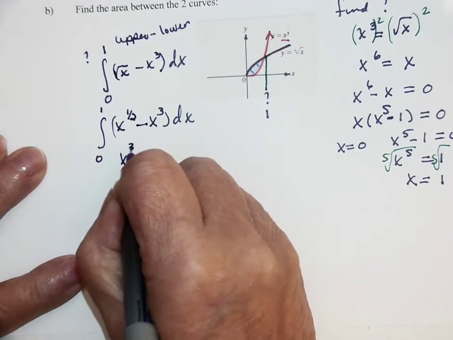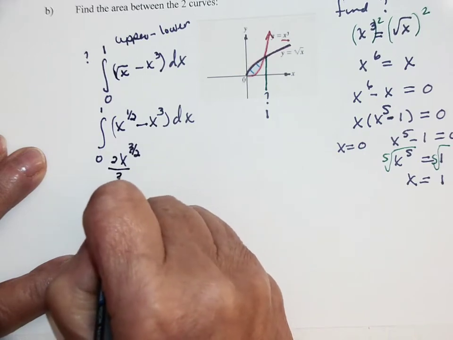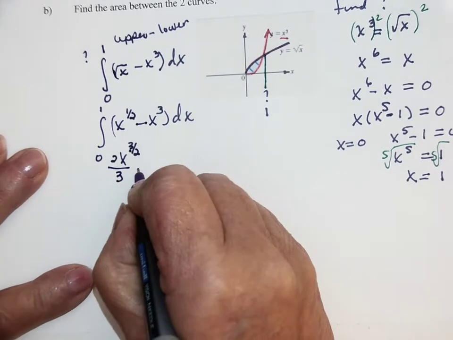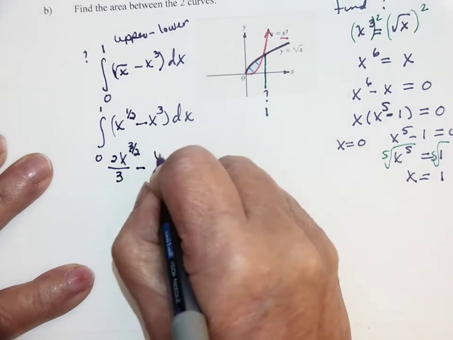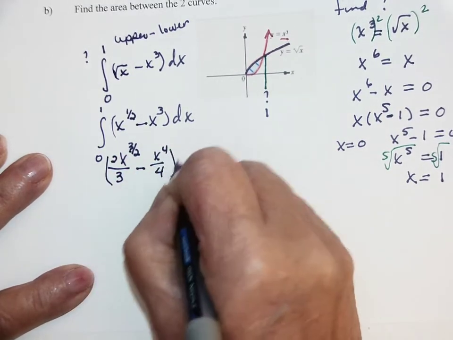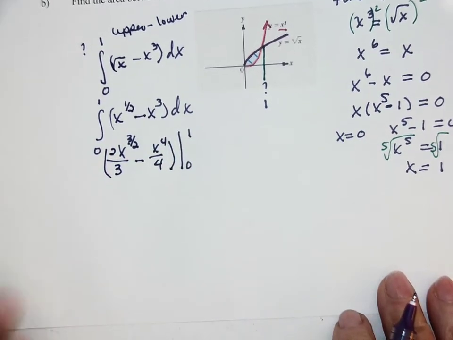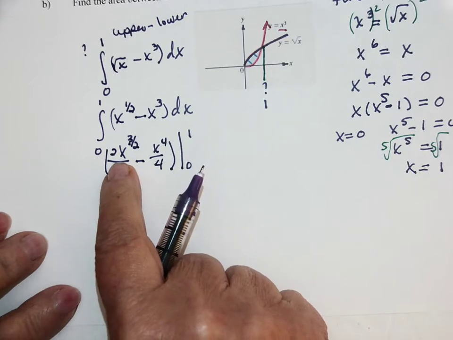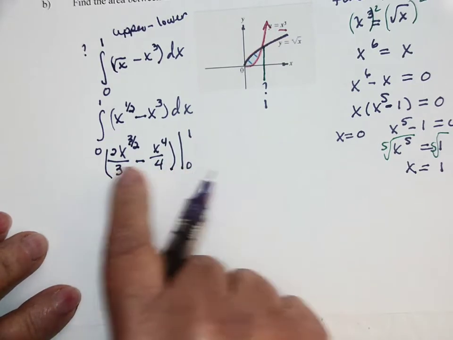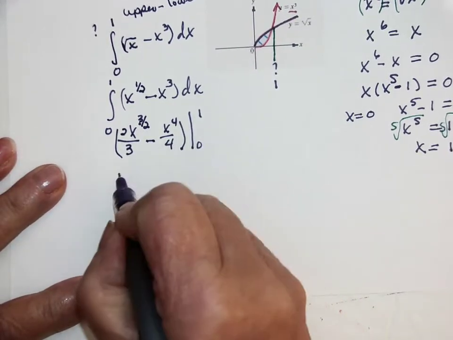which is x to the 3/2 divided by 3/2, so that becomes 2/3, minus x to the 4th over 4, evaluated from 0 to 1. I love 0. Well, why? Because this is 0. So this bottom one's going to give me 0. So it's just the guy from the top. But I'll put that in anyway.